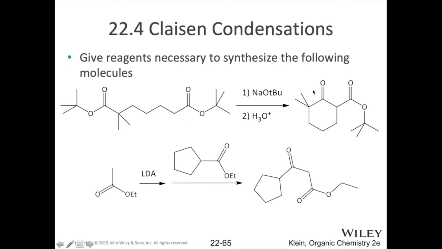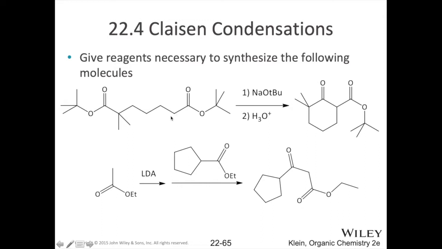So again, if you're having trouble seeing how to get to this product from this reactant, try numbering the carbons here, and then that'll help you when counting out the carbons in between. So basically, if we know that this is our nucleophile, we have 1, 2, 3, 4, 5, 6 carbons till we get to the carbonyl that's our electrophile.